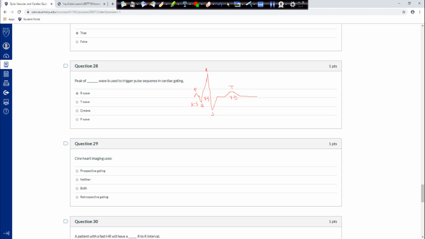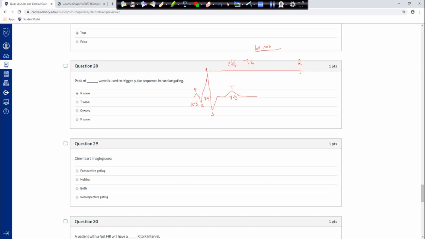Okay? So we start with our R wave and we go to the next R wave. That gives us our effective TR. So if we have a patient that has a heartbeat of 60 beats per minute, what is our effective TR? 1,000. So we always do 60,000, so just have that number in mind.